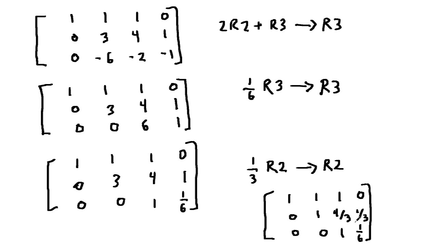When you have this sort of form and all the coefficients along this diagonal line are 1, then we say that it's in row echelon form. Row echelon form.